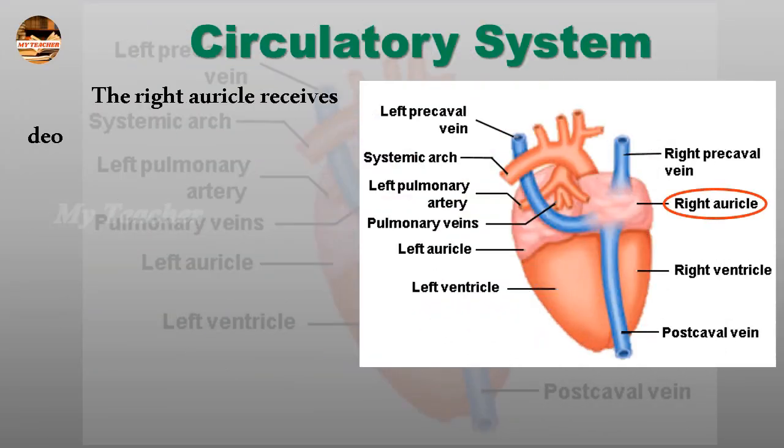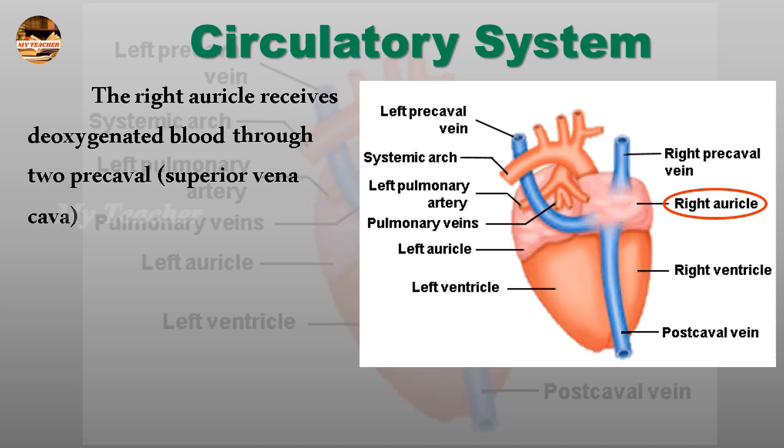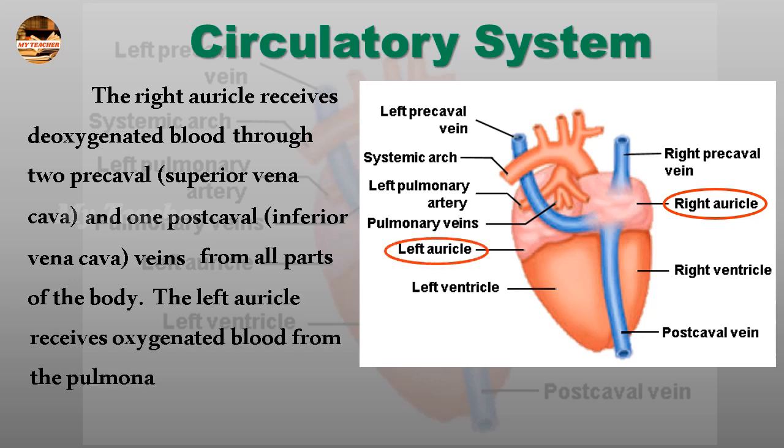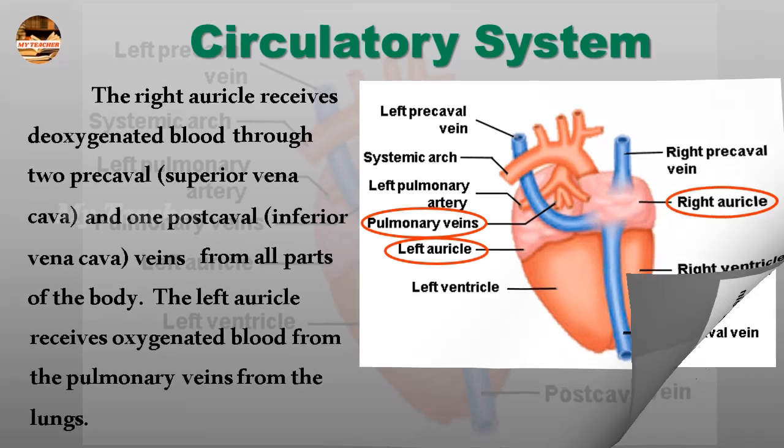The right auricle receives deoxygenated blood, that is impure blood, through the 2 precaval, that is superior vena cava, and 1 postcaval, that is inferior vena cava veins from all parts of the body. The left auricle receives oxygenated blood, that means pure blood, from the pulmonary veins from the lungs.